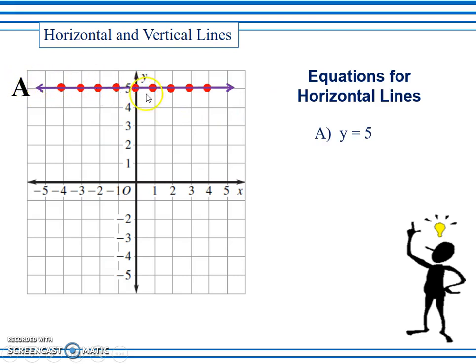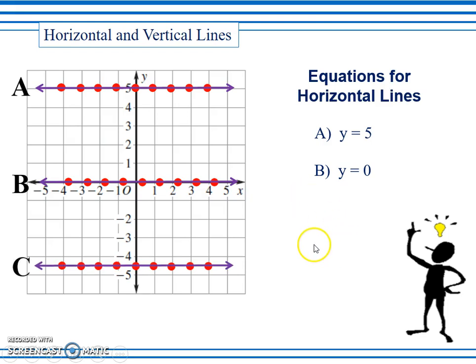So line A equation is y equals 5. Here's another line. What would be that linear equation? Yep, it's y equals 0. And here's another horizontal line. What would line C be? Y equals negative 4.5.